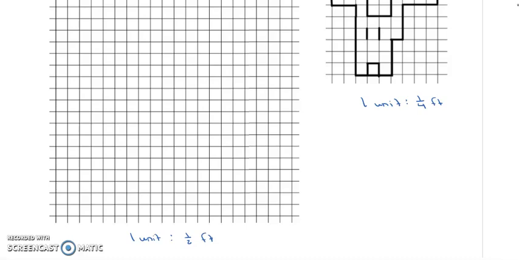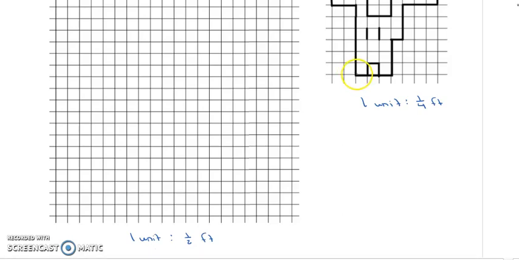So let's think about this for a second. If I have 1 unit is 1/4 of a foot, that means it takes 4 units to get to a foot. Whereas in my new one, 1 unit to 1/2 of a foot, it's only going to take 2 units to get to a foot. So I am actually going to be reducing our figure here.